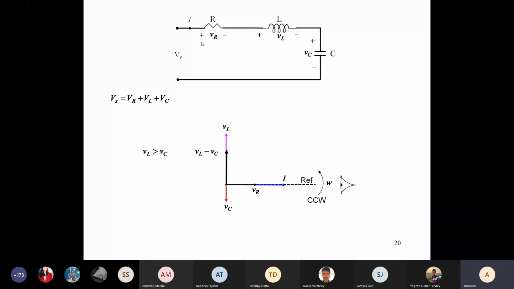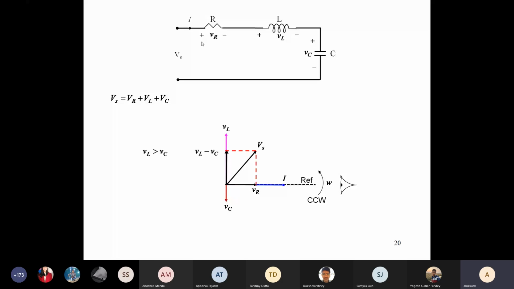So this is the resultant of VL and VC, and then ultimately you will have to find the total voltage, which is Vs. The total voltage is the sum of these. So VL minus VC, the resultant, along with the VR, will be somewhere along this direction.